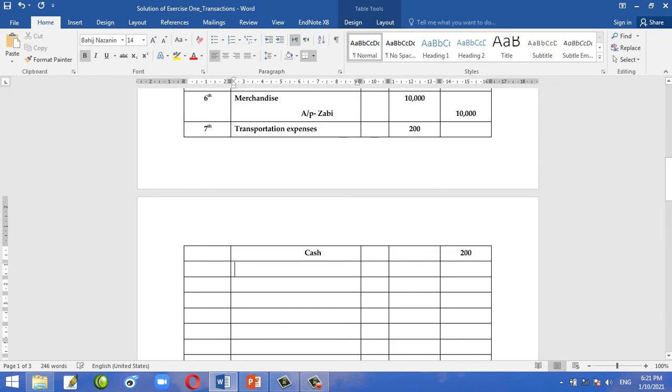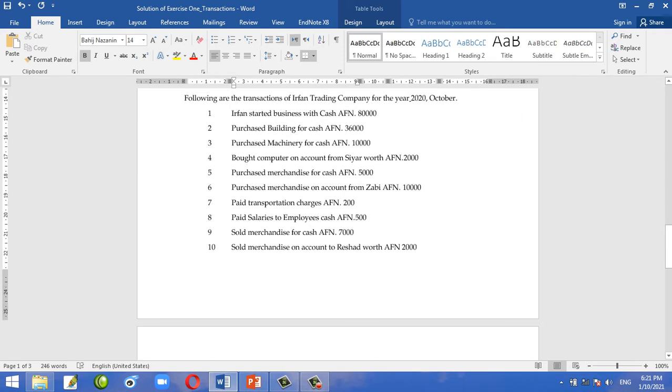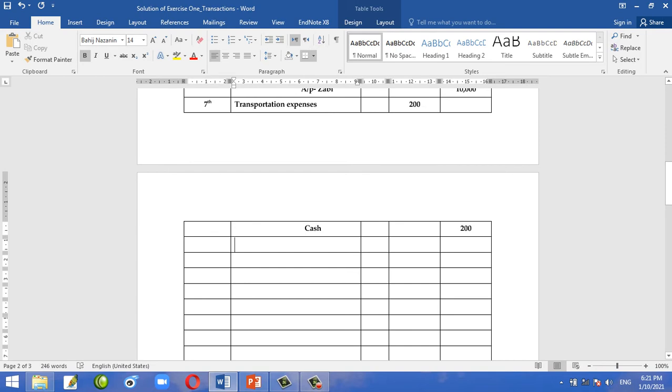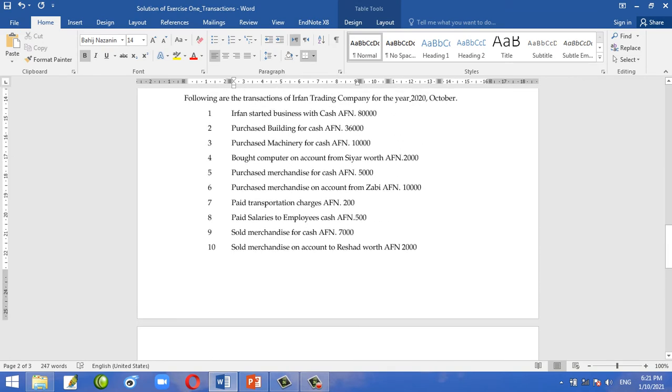Now come to the sixth one, that is paid salaries to employees cash Afghanis 500. The same expenses we have in the organization, but the nature is different. On 7th of October we had the transportation expenses, and right now on 8th of October I think we had salaries expenses.